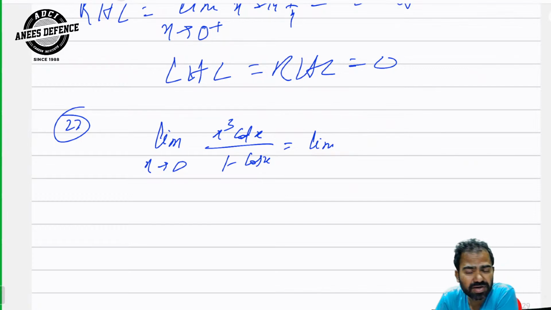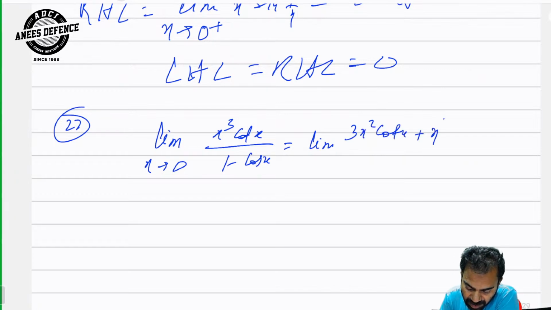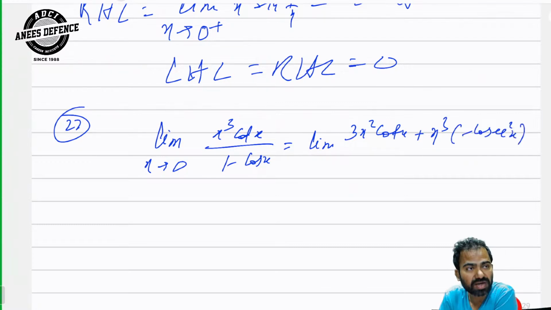In L'Hopital law, I will differentiate the numerator and denominator separately. Differentiation of the numerator first. Differentiation of x cube is 3x square cot x plus x cube, and differentiation of cot x is minus cosec square x.